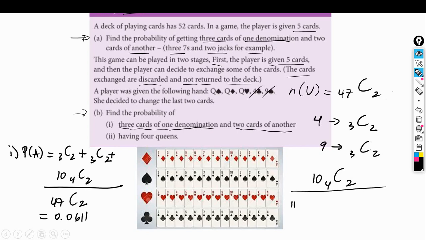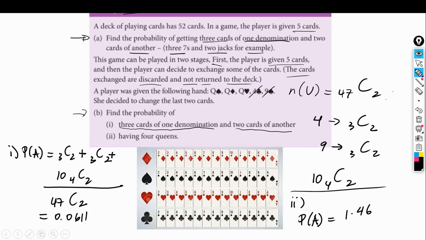For part 2, they ask, what is the probability of having 4 queens? The probability of this other event is going to be, since there's only 1 queen, we only have one way of picking 1 queen, and then if we pick 1 queen, there are going to be 46 different cards left, because there's a total of 47.